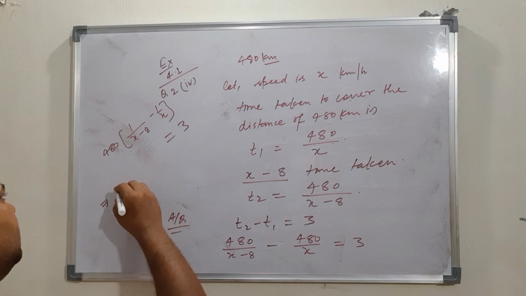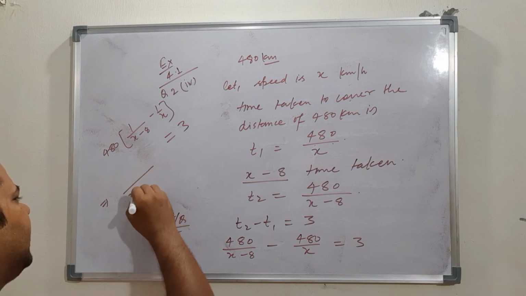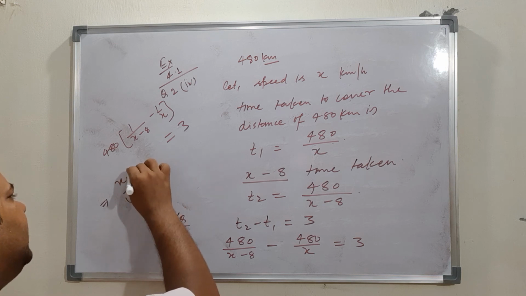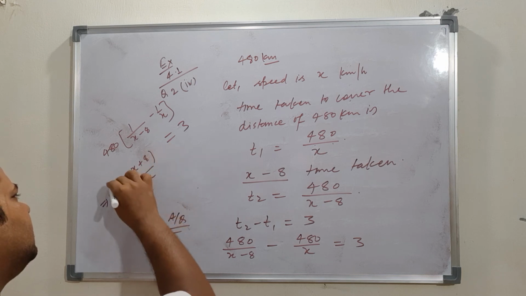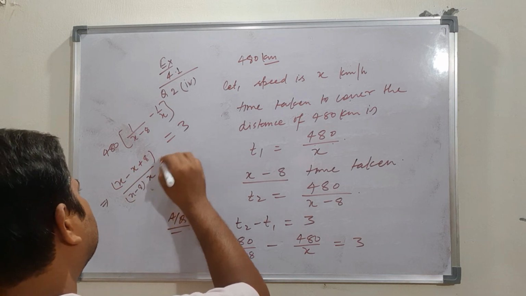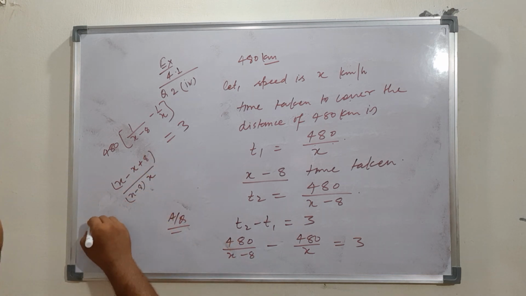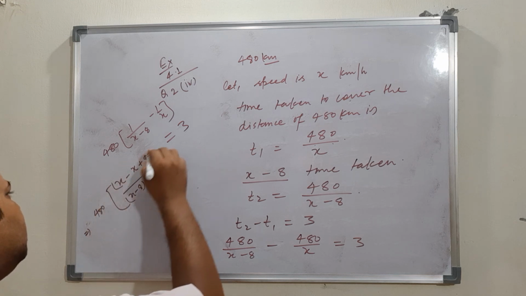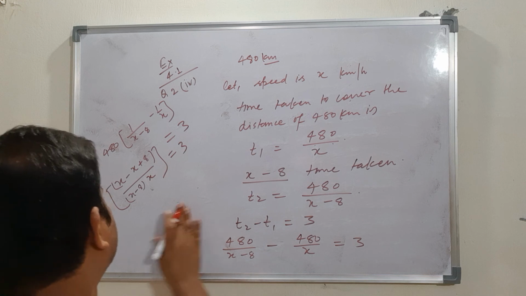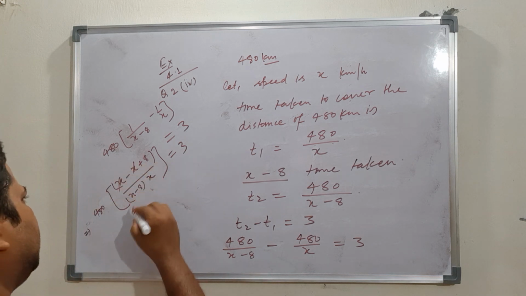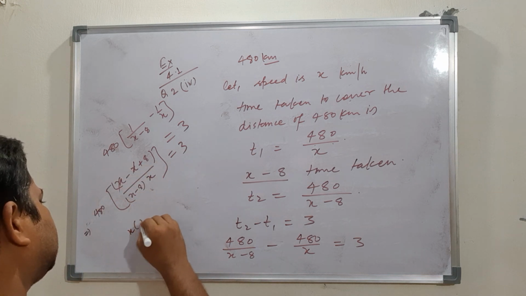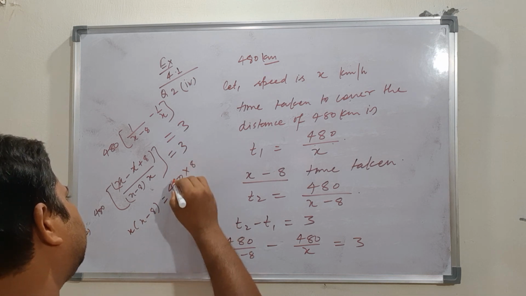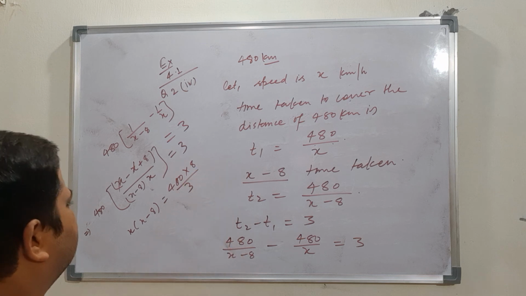Then x minus x plus 8, upon x times x minus 8, multiplied by 480, is equal to 3. Then x times x minus 8 is equal to 480 into 8 by 3.